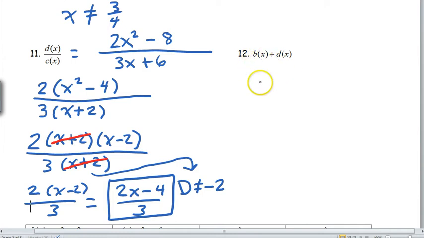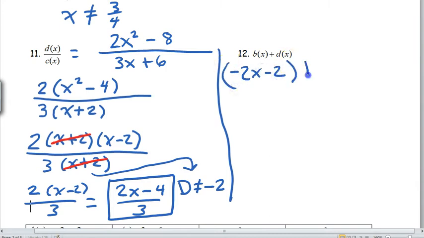All right, B and D. Can somebody read me what function B is? Function B, -2x minus 2. Okay, and read me function D, please. 2x squared minus 8.